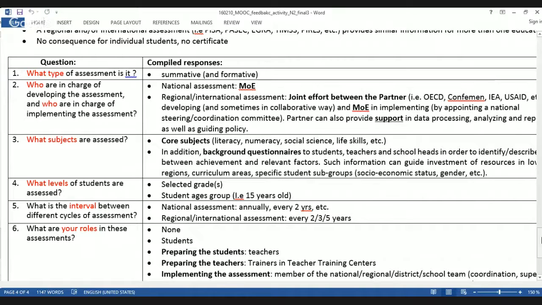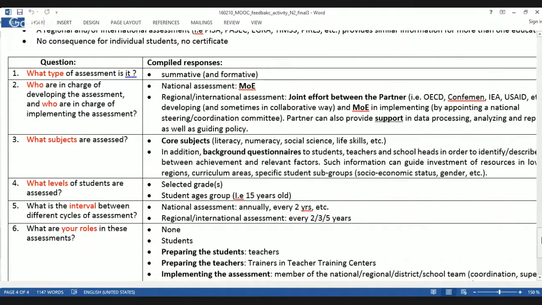But when countries participate in regional and international assessments, there is a joint effort between the partner and the Ministry of Education. The partner used to develop the instruments, sometimes in a collaborative way, and the ministry implements. In terms of data processing, analyzing, and reporting, the partner can also provide support to the Ministry of Education.